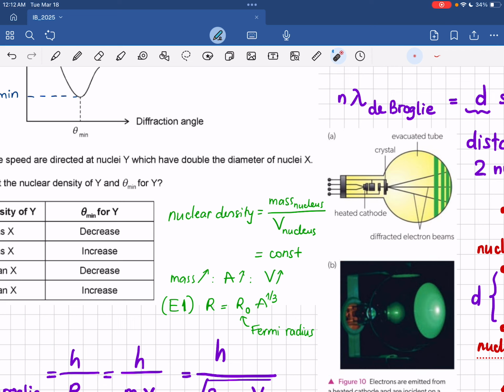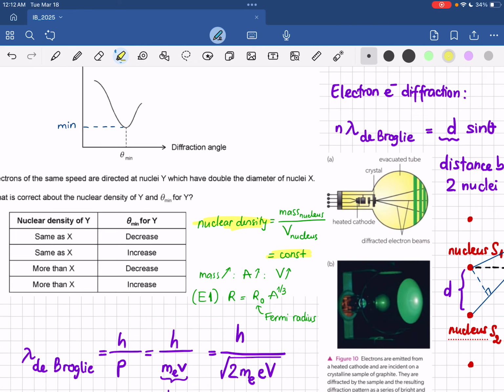A is the number of nucleons in the nucleus, and this is also proportional to the volume. So that's why when you see this equation in the data booklet, remember that it implies that the nuclear density is a constant.